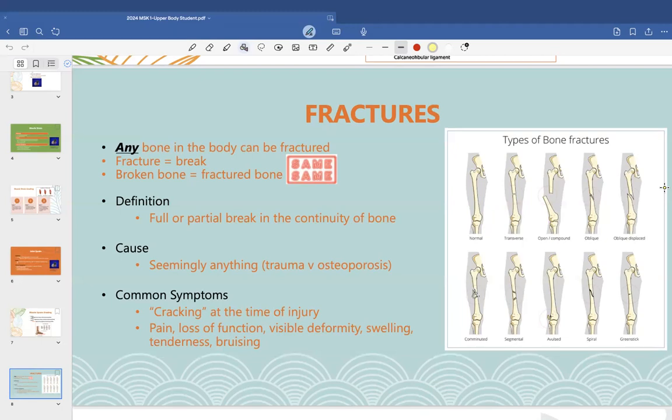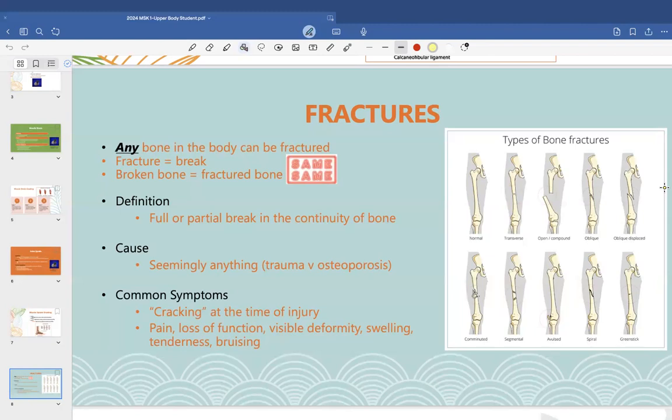So with that, when we find fractures or broken bones, we describe them as medical people as fractures. We try to classify what they are, right? Transverse, straight across, open or compound, through the skin, oblique, displaced, comminuted, all of these. We talked about this a little bit in AMS 1,000 years ago, but these still exist.